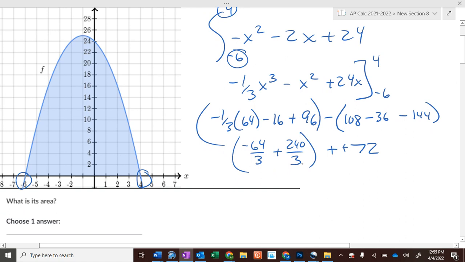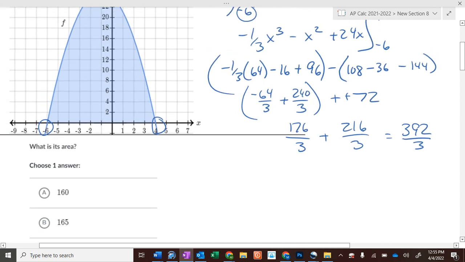So 240 minus 64, what's 240 minus 64? 176. 176 thirds plus 3 times s is 216 thirds. So then this is 92 thirds.